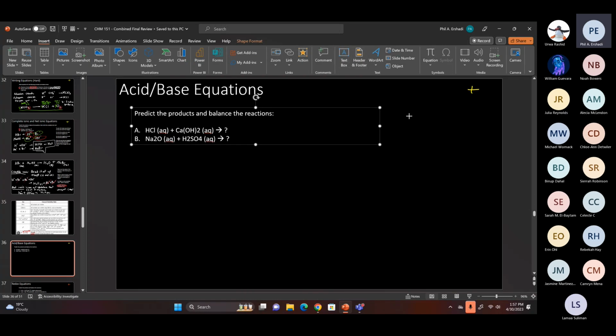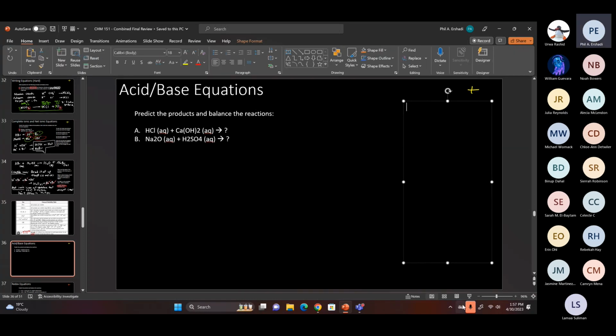Insert text. Boom. So we're going to break this into pieces and get the charges of each piece. Okay. Then once we have all that together, we are going to reunite them in a different order.